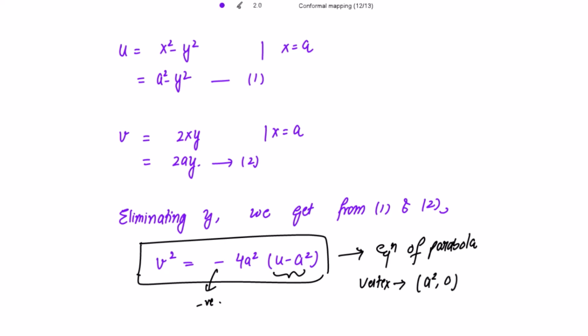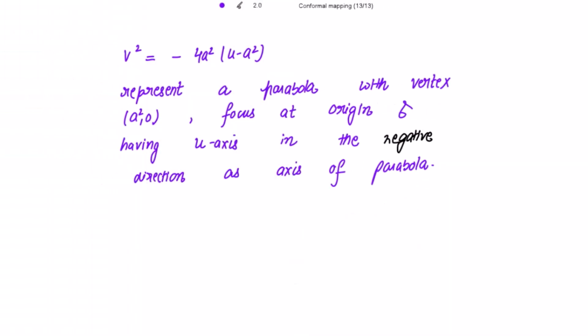So let's write this. The equation v square equal to negative 4a square into u minus a square represents a parabola with vertex a square 0, focus at the origin and having the u axis in the negative direction as the axis of the parabola.